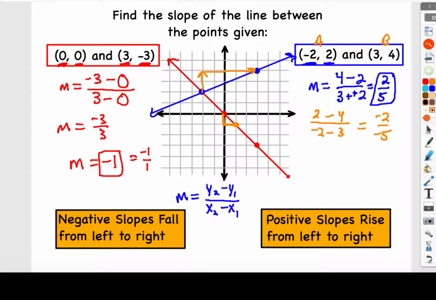We're subtracting both times. Well, hey, that's -2 over -5. But again, that's still positive 2/5. It's still going to rise from left to right, right? Or for every 2 units up, we went 5 units right. For every 2 units down, we went 5 units left, right? Negative, negative still makes a positive slope.